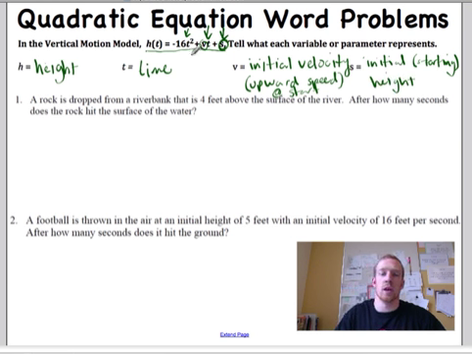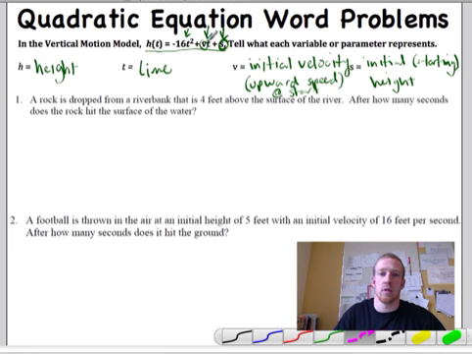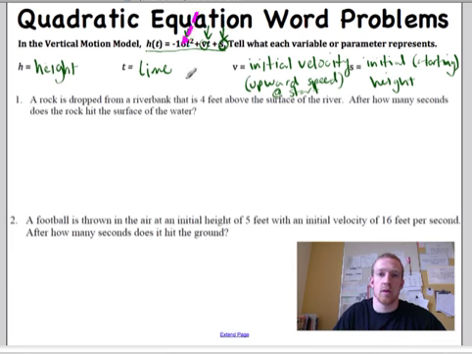Okay, so we have here the negative 16 t squared. That just accounts for gravity pulling us down. The vt, that number there, is the initial velocity in the upward direction.